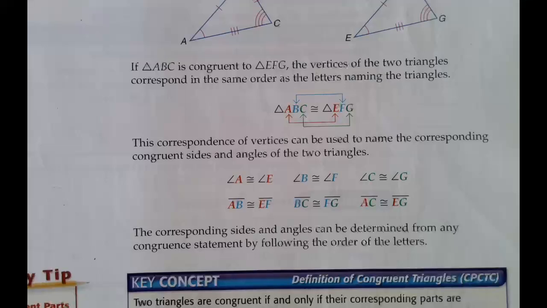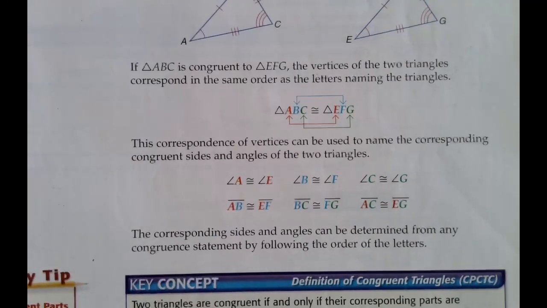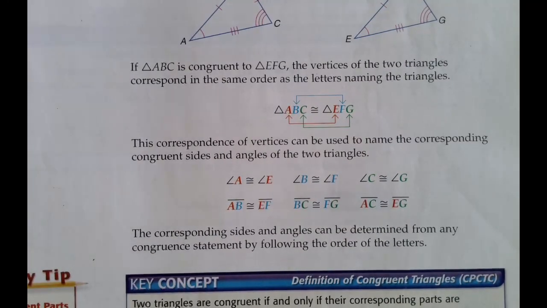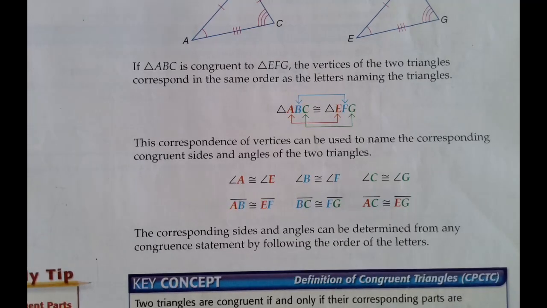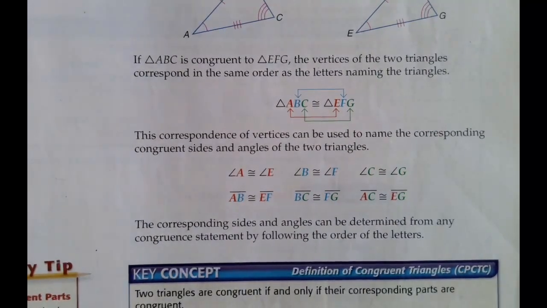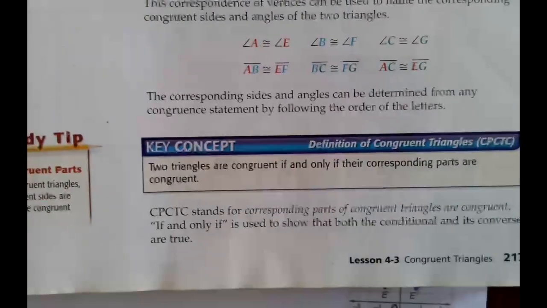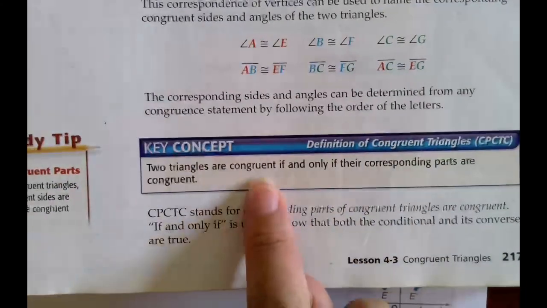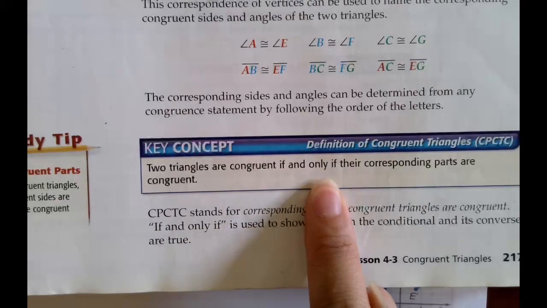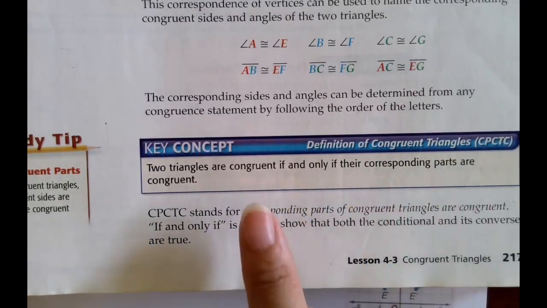So when you're doing your proofs eventually for congruent triangles, or especially for this lesson as you're talking about corresponding parts, okay, the order matters. Okay? So here, it's important to remember that two triangles are congruent if and only if their corresponding parts are congruent.